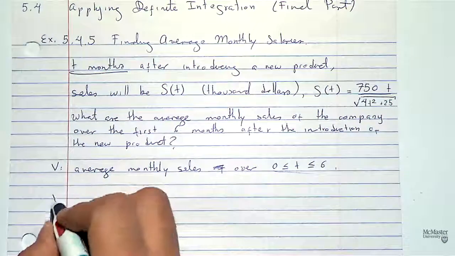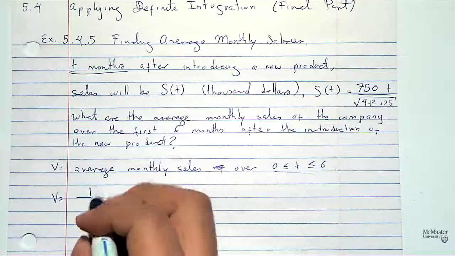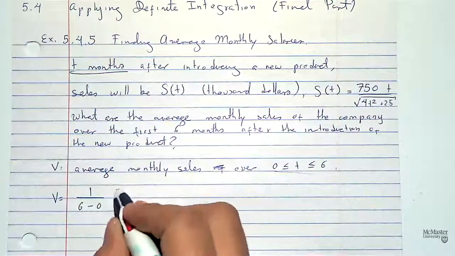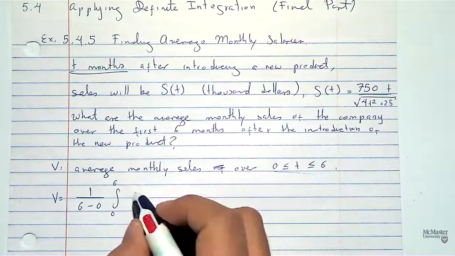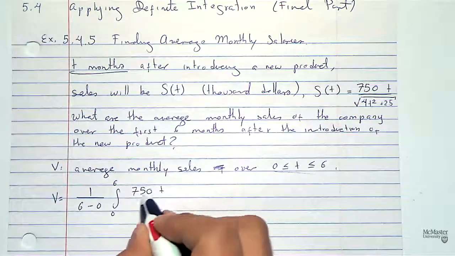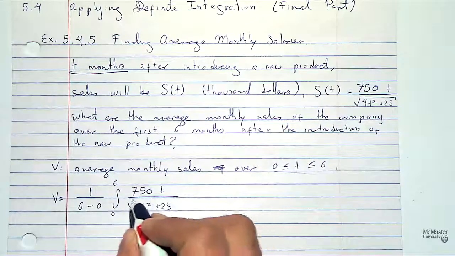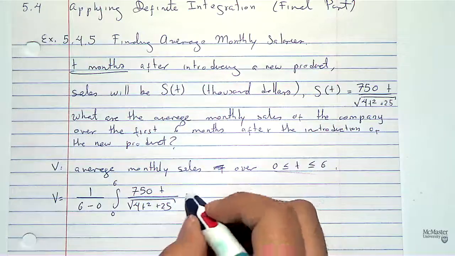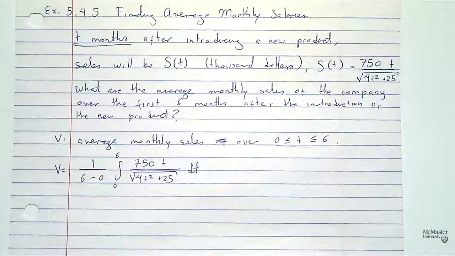By the definition of average value, which is the last thing we saw, you normalize by b minus a, which is 6 minus 0 in this case, and then the integral from 0 to 6 of the sales function, 750 times t divided by the square root of 4t squared plus 25, all of this inside the square root. And so this would be the average value.